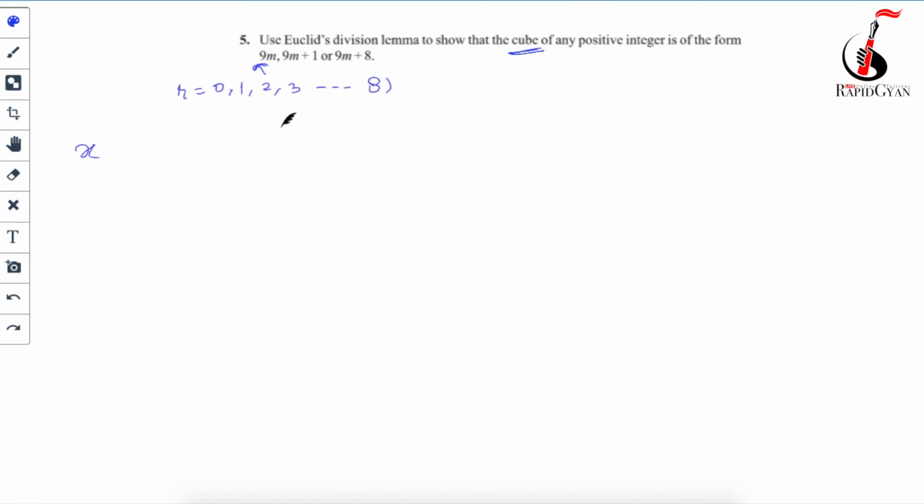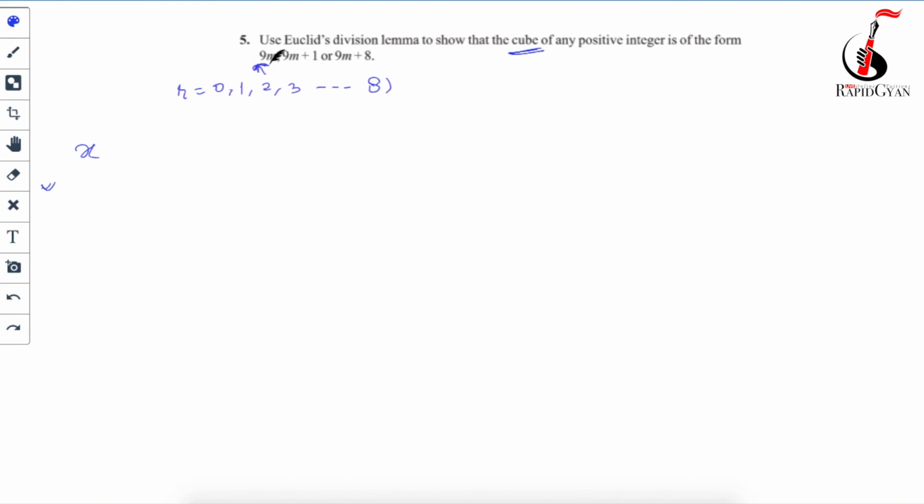So if I write all the possible values over here, there will be 9 records. It's like 9q plus 0, 9q plus 1, 9q plus 2, 9q plus 3, and so on. And it's going to be very huge, because after that we will have to take the cube of that.